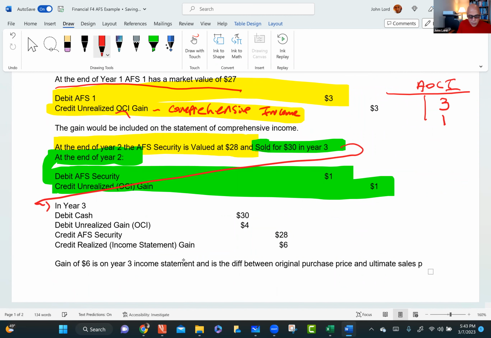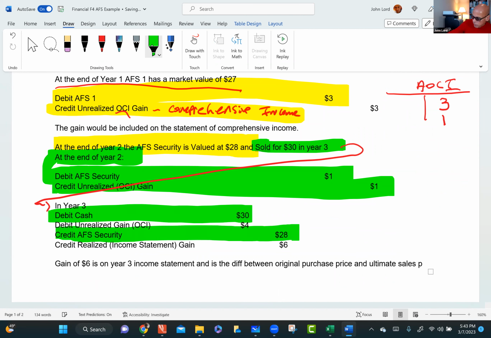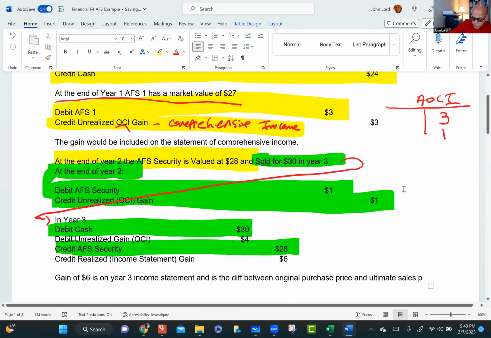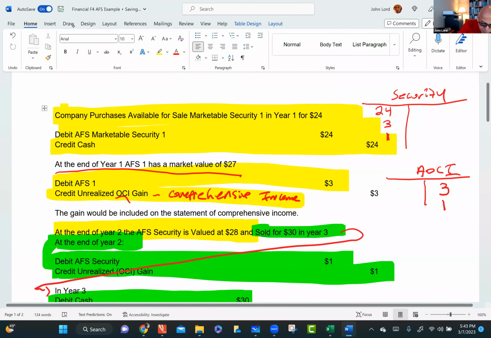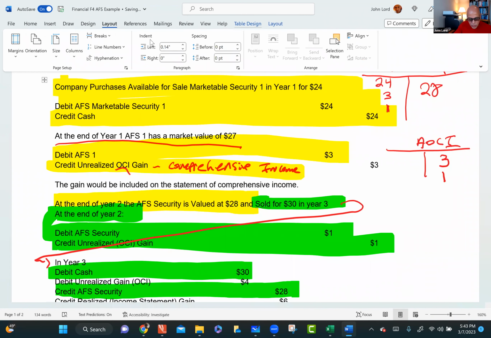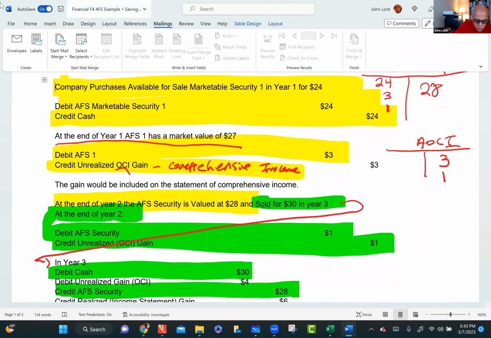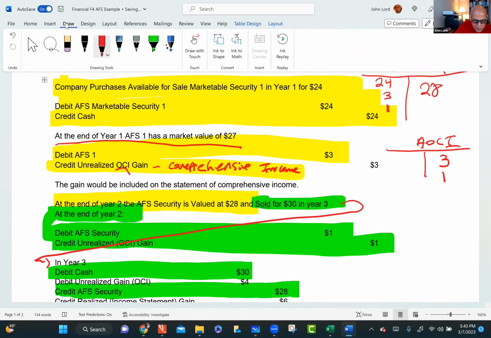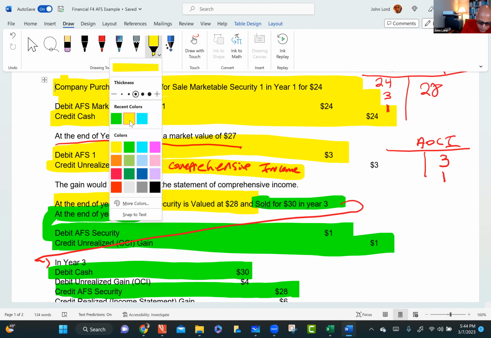And when I sell the security in year 3, of course, I will debit the cash for 30. I'll credit the security for 28 to get rid of it, because that security is gone. Just get rid of that, okay? And then I'm going to have to debit unrealized gain on available for sale security. I have to debit that because I need to take that and ultimately close it out to my accumulated other comprehensive income.